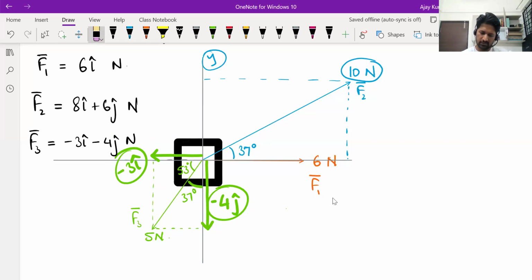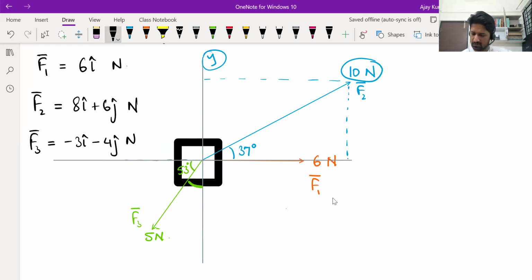I'll remove all this. Right. Now the question asked you to find out the resultant force's magnitude. So we'll first get the resultant force. We call that the net force or the effective force acting on it. Pawan, tell me the sum of all forces.